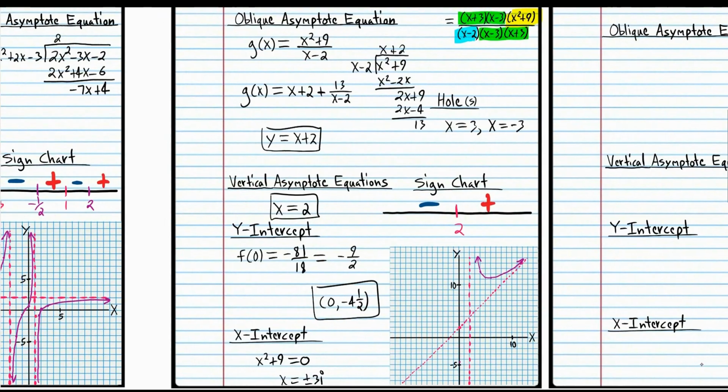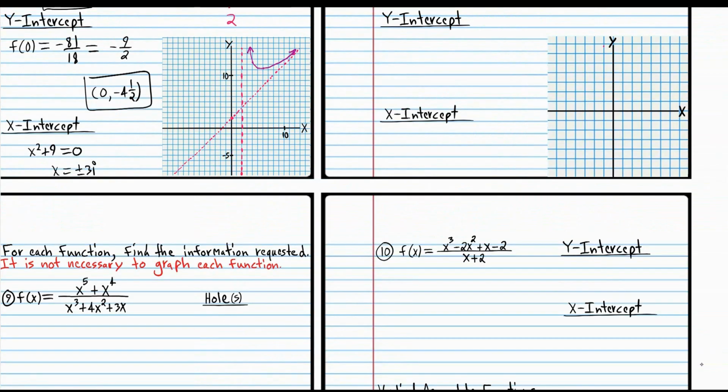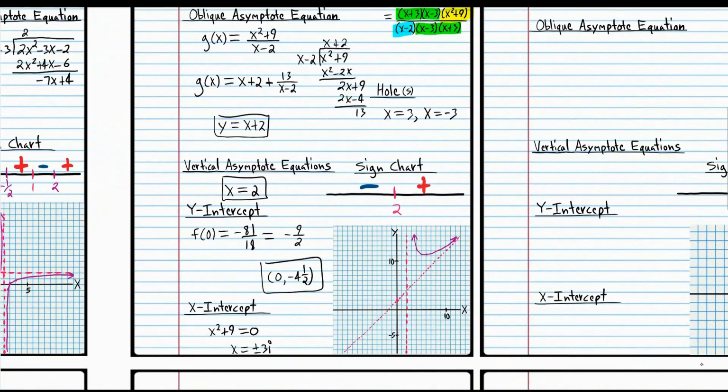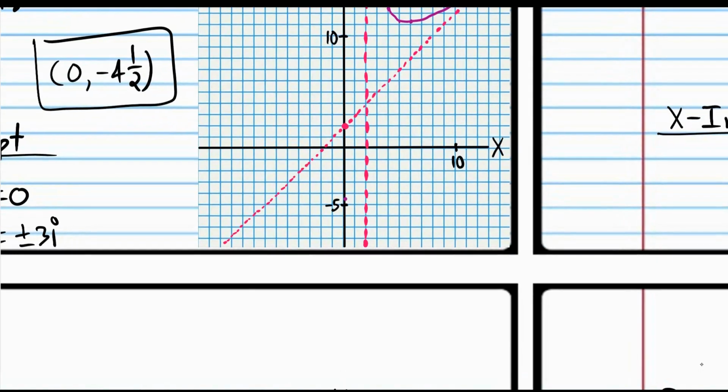Let's plug in negative 1. And we get 10 divided by negative 3, which is negative 3 and 1/3. It should be about there.